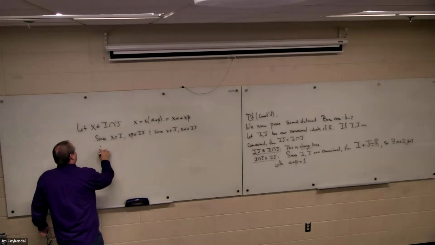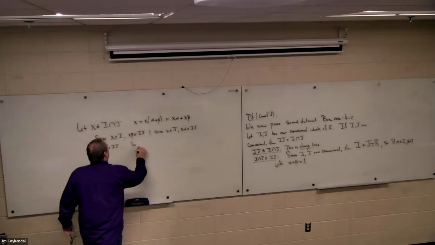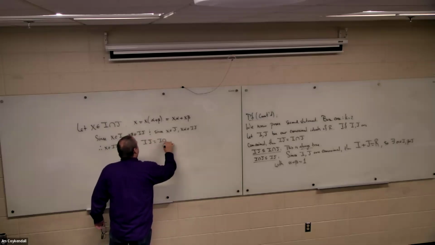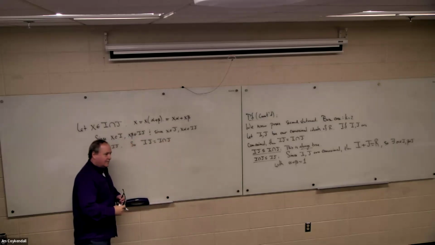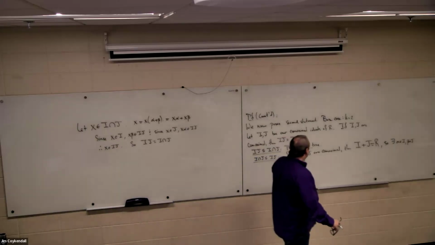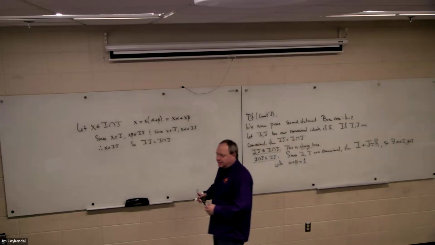Therefore, x is in IJ. So, in this case, IJ is I intersect J. So I got both containments. Okay, so that takes care of that statement.